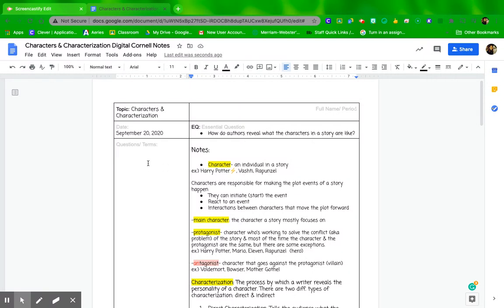You also need to fill in the Q column with important terms or with questions that you would ask if you were the teacher. So I might add the term character, and I might also ask a question. Right next to protagonist, I might say, who is the protagonist of Hatchet?